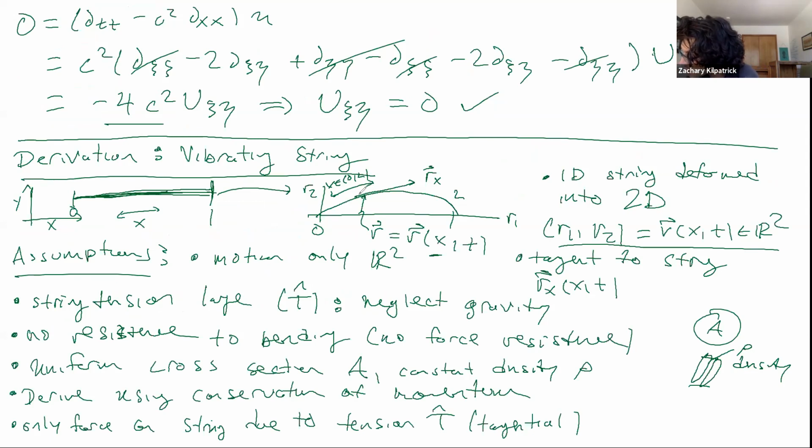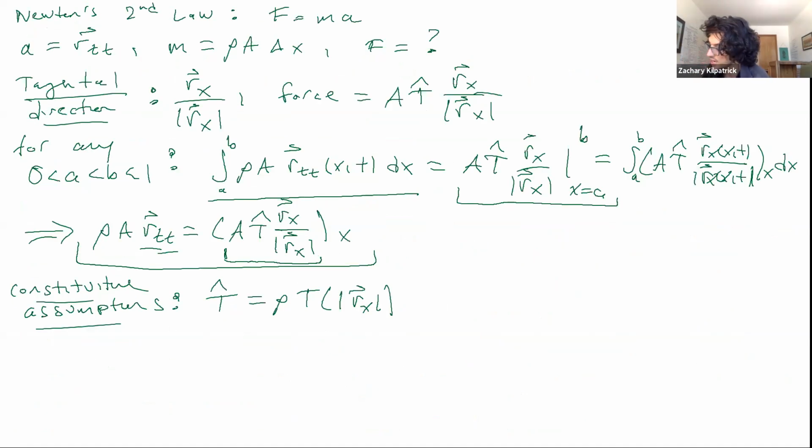So the deformation of this string is going to be encapsulated by this tangent, okay? The more it's stretched out, the more tension that's going to create in the string, okay? So this should be some function of the magnitude of that tangent.